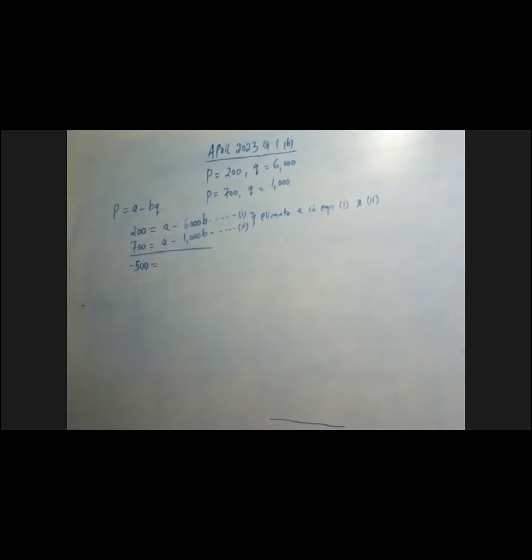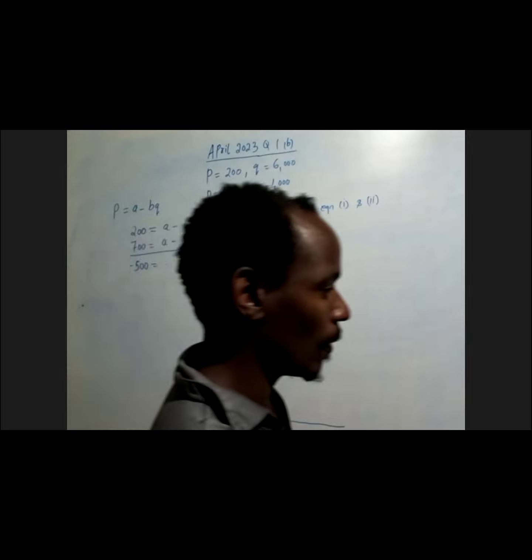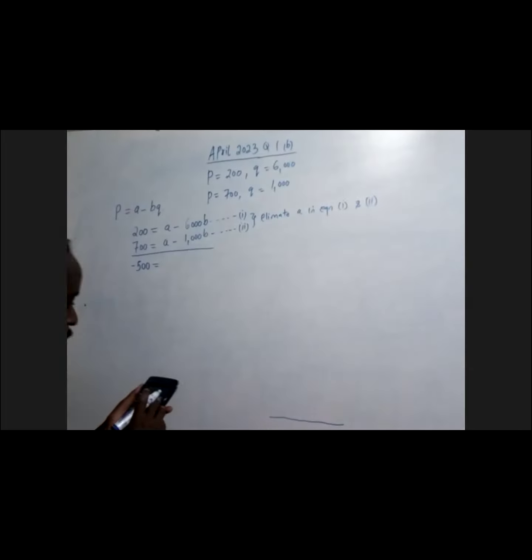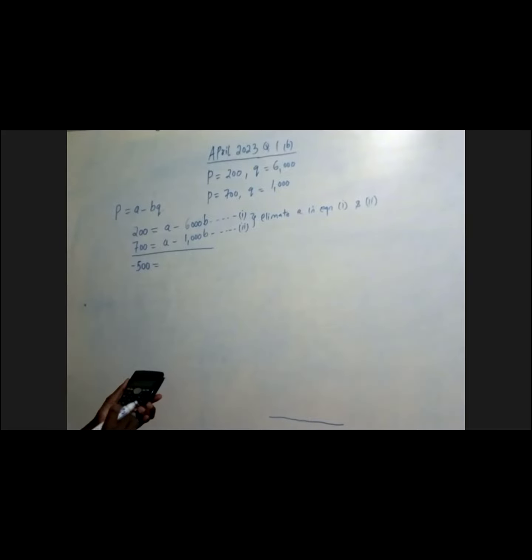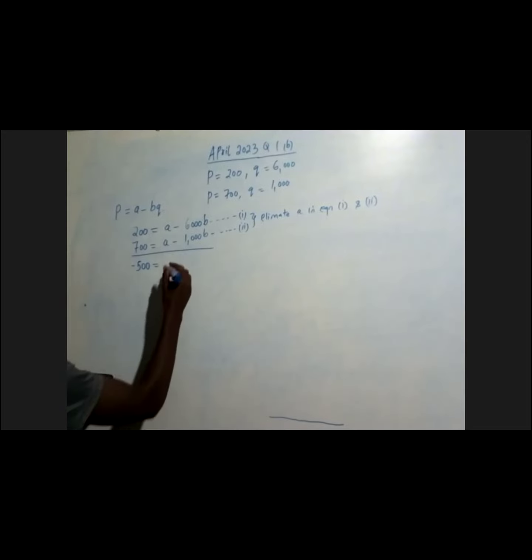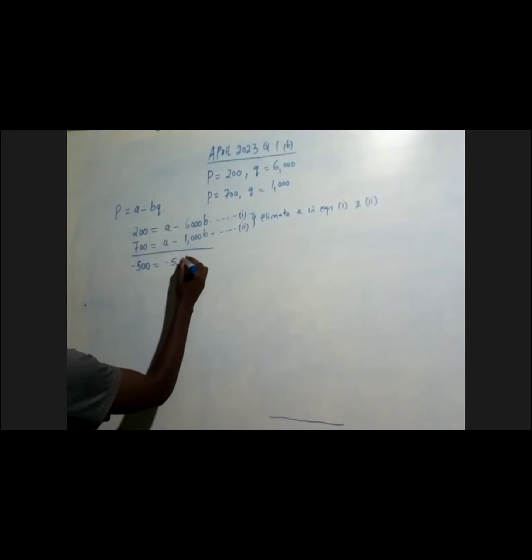A minus A is 0, so we don't have A. And then you have minus 6,000 minus 1,000. So we have two minuses. Minus 6,000 minus 1,000 becomes minus 5,000 B.